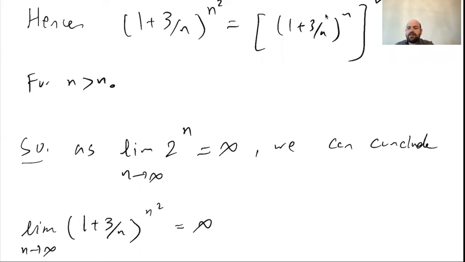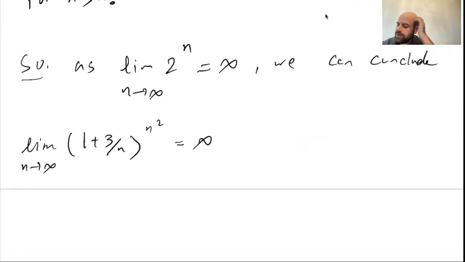So this is called a comparison test. You will see this in detail in Math 114 next semester. But for now, let's just state it informally and just say that we have two expressions. One is infinity, one is bigger than that. So the bigger one must have the limit infinity as well.